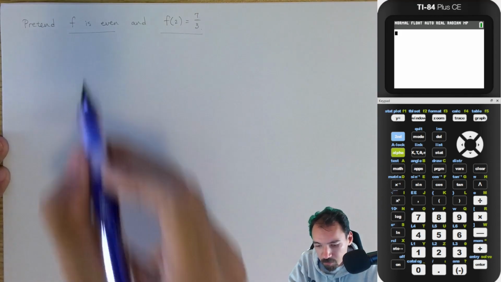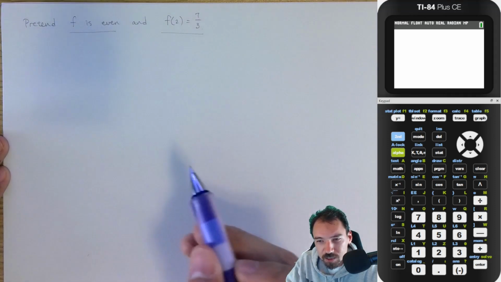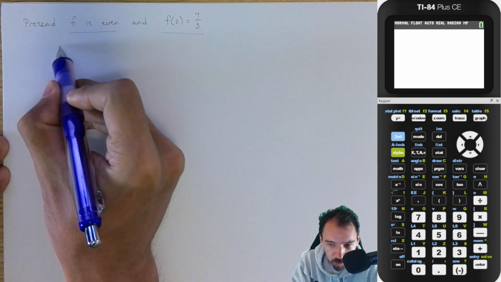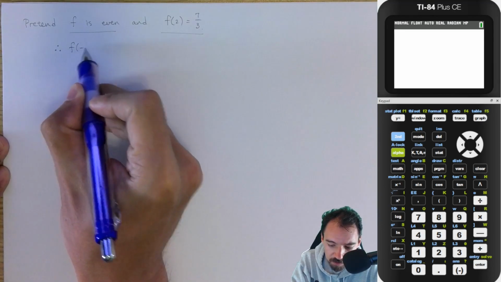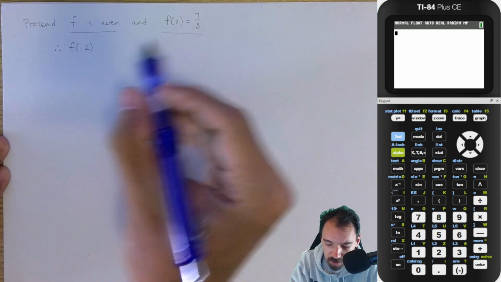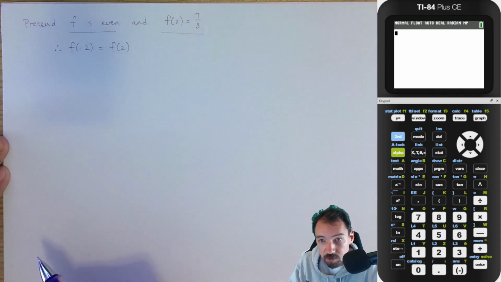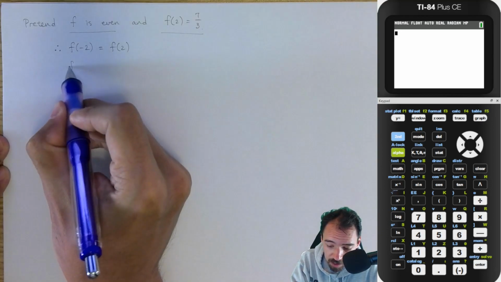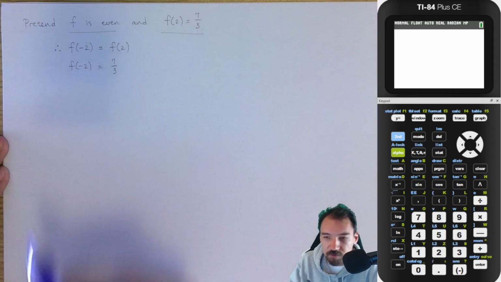Now it turns out because f is even, I can start immediately concluding things. One of those things is that f of negative 2 is the same thing as f of regular 2, and hence f of negative 2 is equal to the number 7/3.